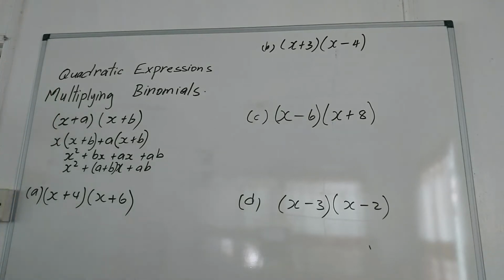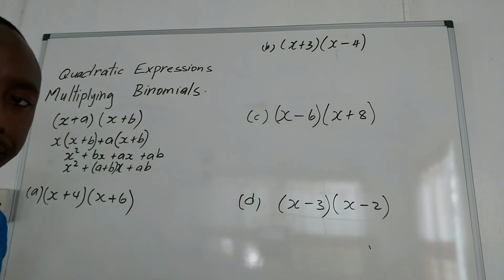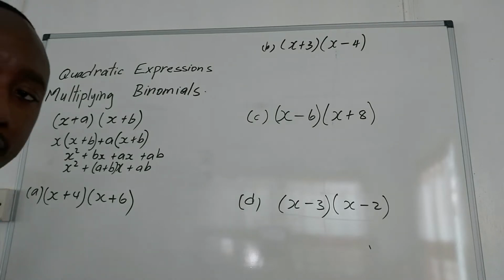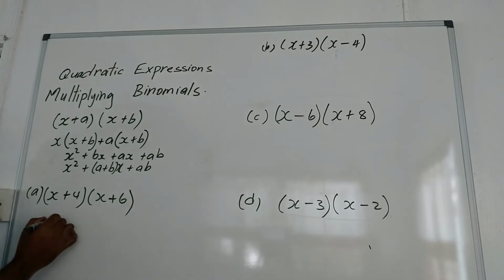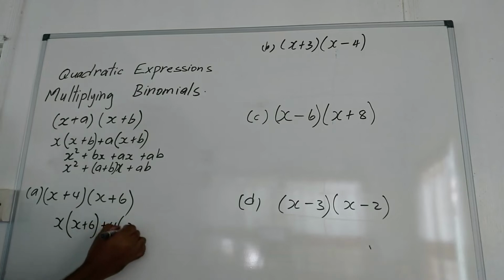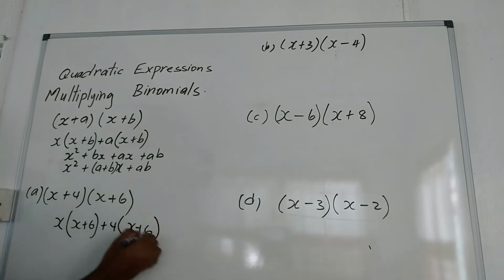So let's go and work our first example here, where we have x plus 4 multiplied by x plus 6. So we have x times x plus 6, plus 4 times x plus 6. Alright?